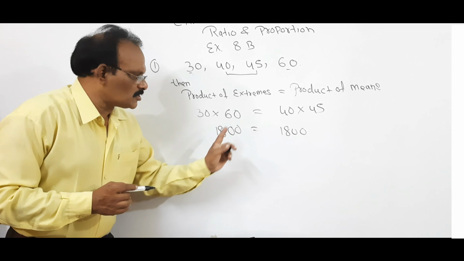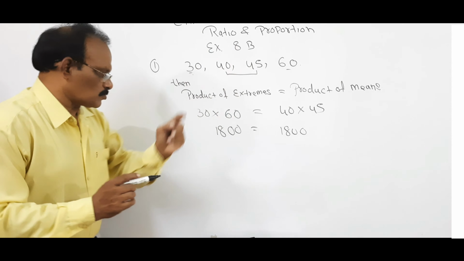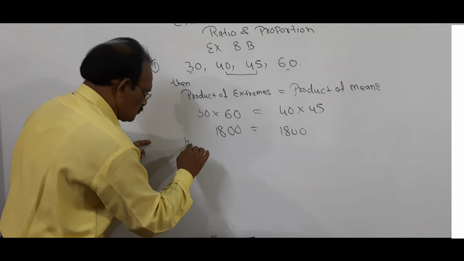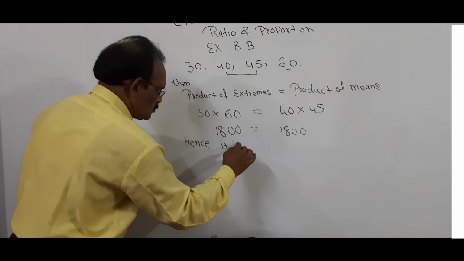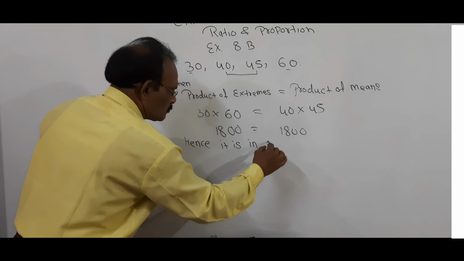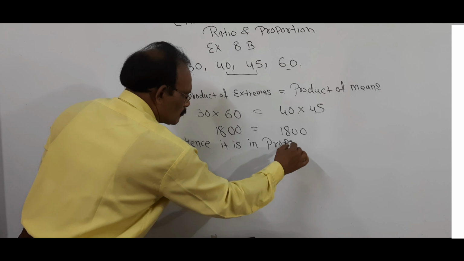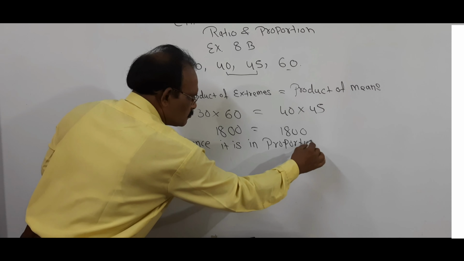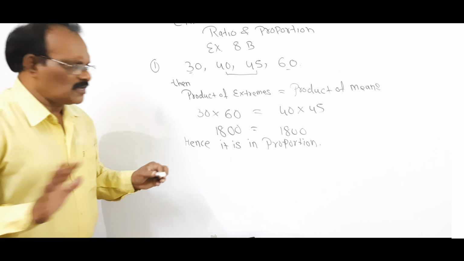So we got 1800 is equal to 1800. Hence it is in proportion. That's all we have proved. It's very clear.